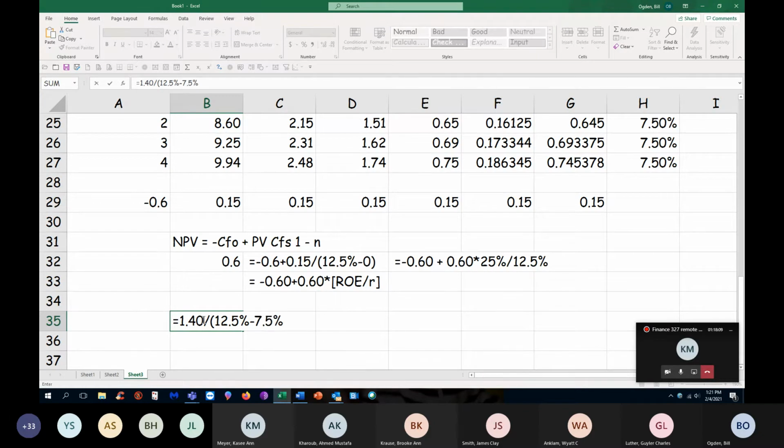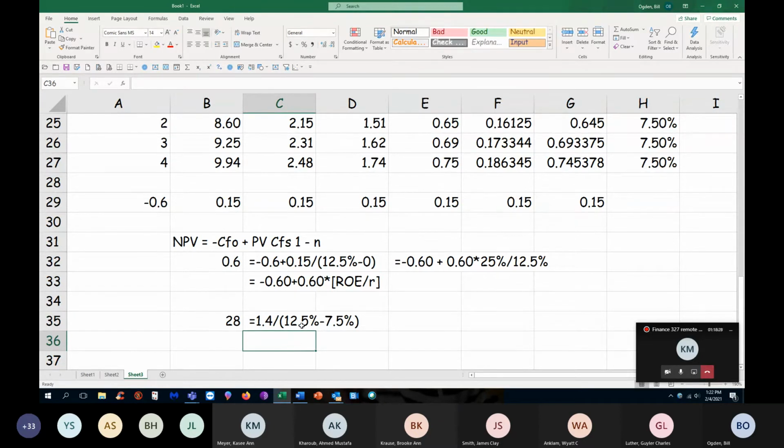Okay, and we know it's $28. So let's just copy this. And I'll put a little space in there so it stays as a label.